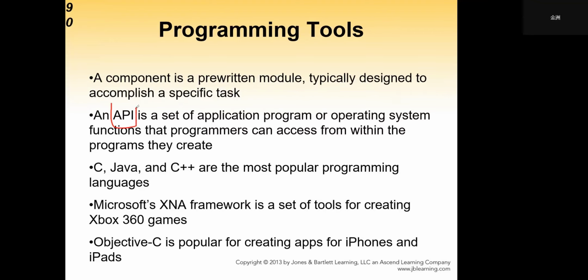An API is a set of application program or operating system functions that programs can access from within the programs they create. C, Java, C++, and Python are the most popular programming languages.